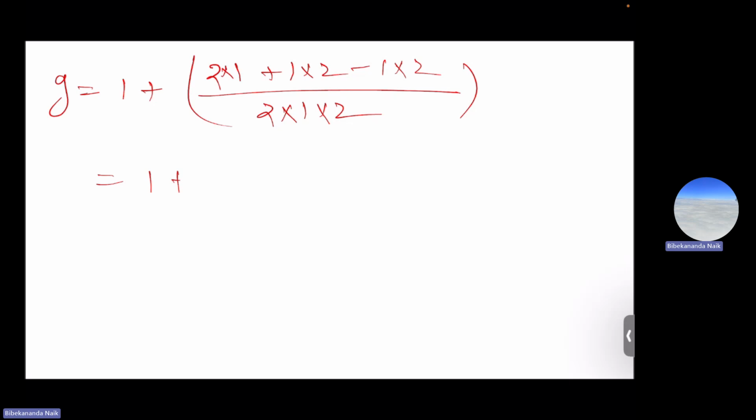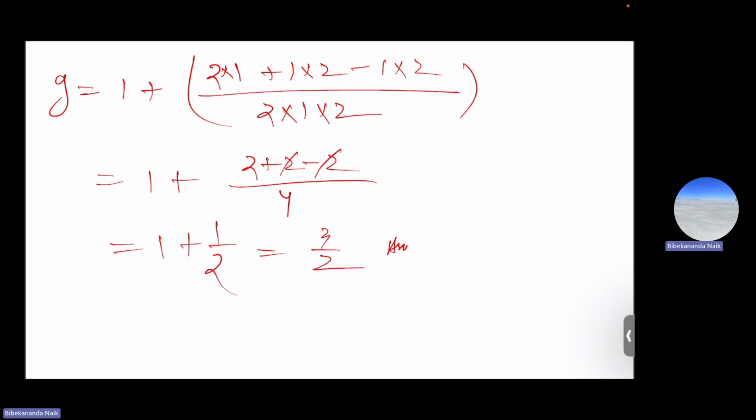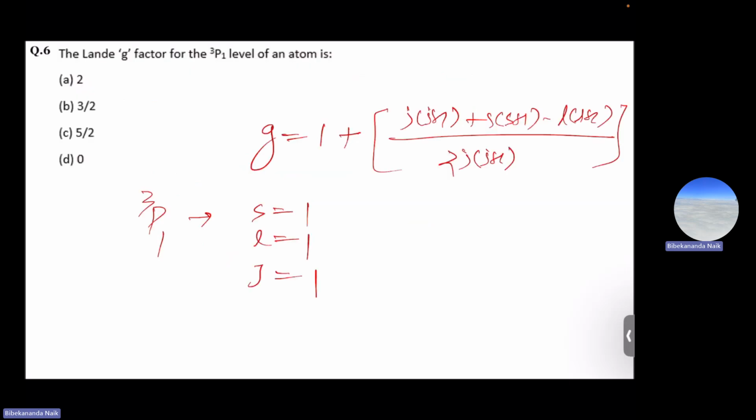It is 1 plus 2 plus 2 minus 2 divided by 4. It is 1 plus half, which is 3 by 2. So the correct answer is option B, which is 3 by 2.